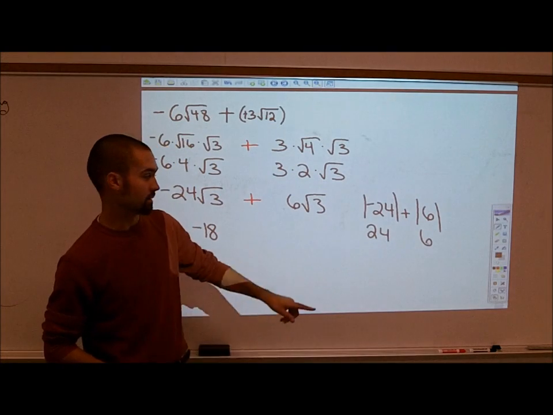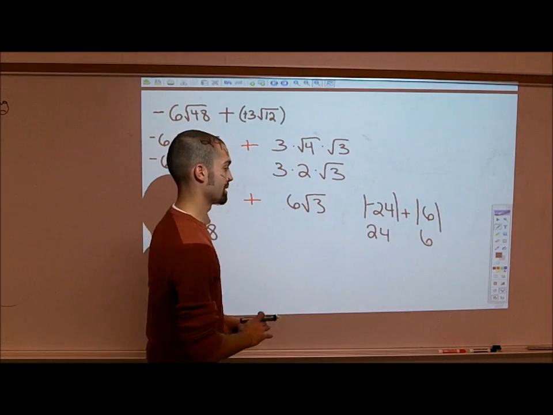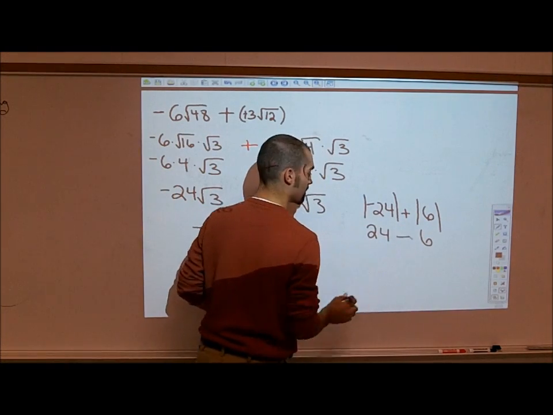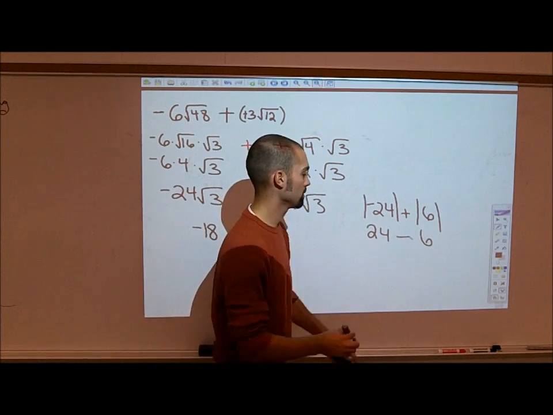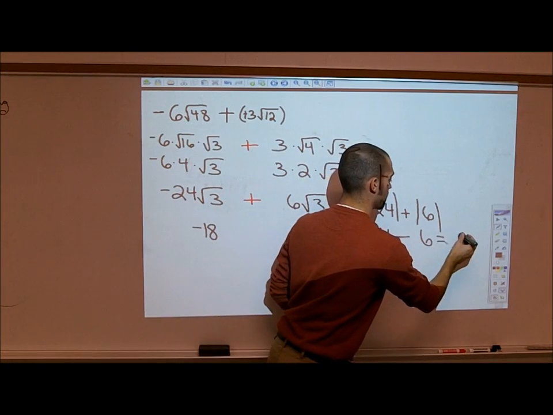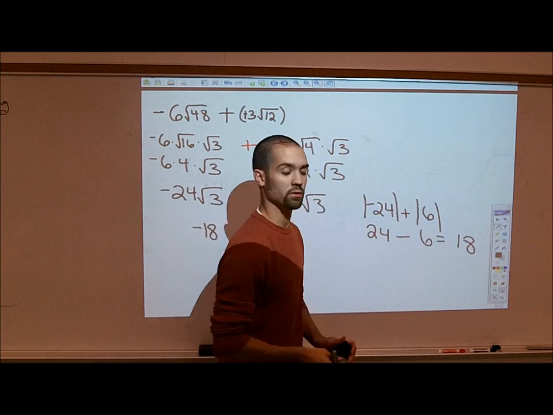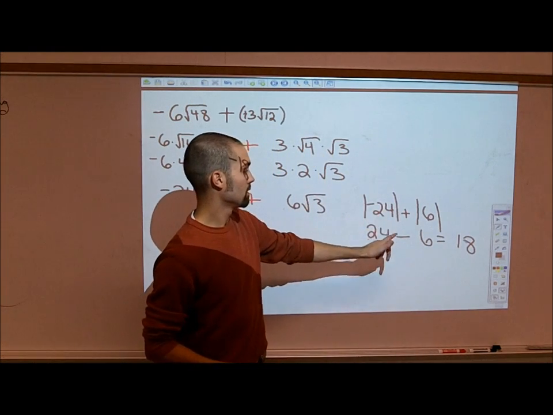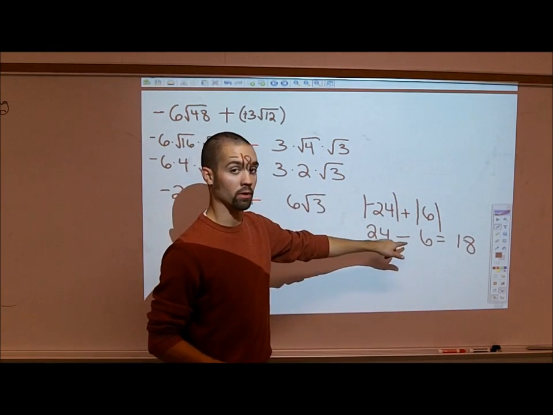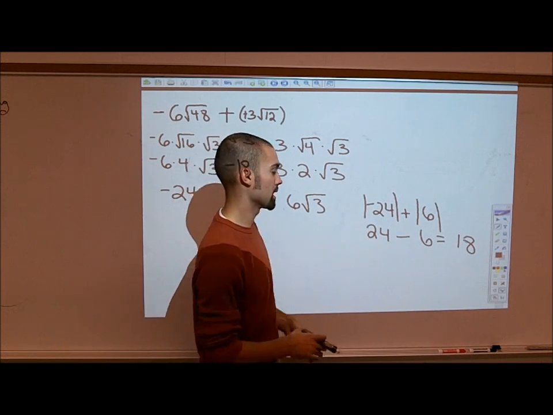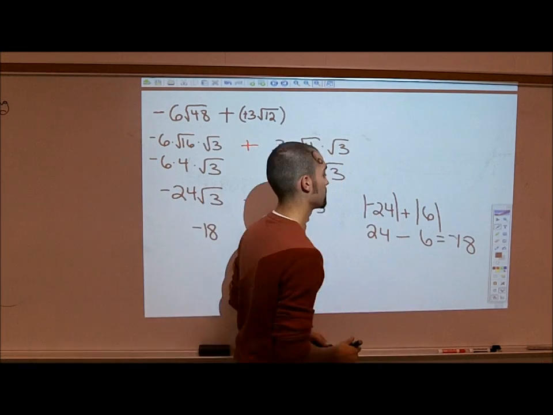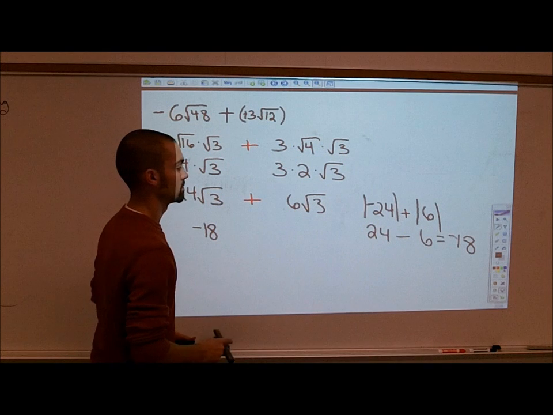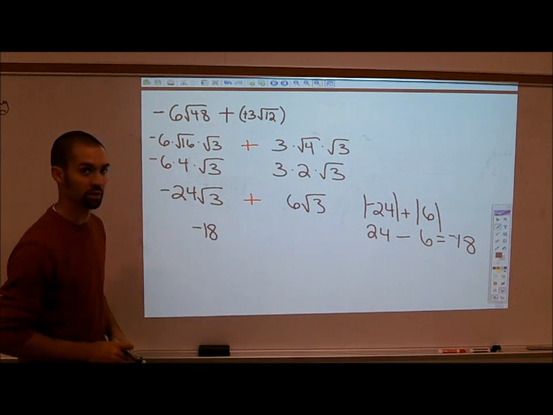Okay? Again, signs are different, so I subtract the smaller absolute value from the larger. That's 18. And then I use the original sign. I go back to the larger absolute value and use its original sign, which is negative. Okay? So, that's just kind of a quick refresher of skill 2-3.